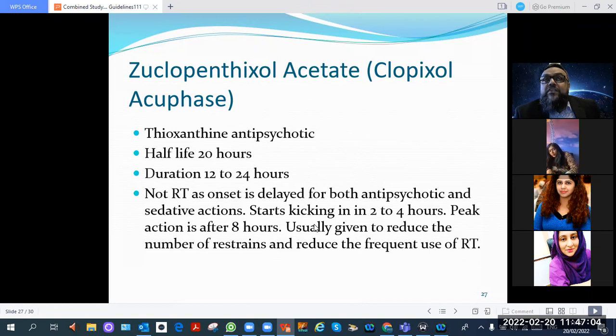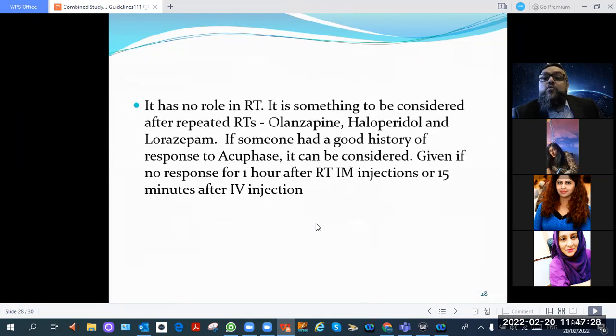So if you are giving it, it will not act straight away like haloperidol or lorazepam or promethazine. It will take some time, and it starts kicking in at 2 to 4 hours. Peak action is after 8 hours, usually given to reduce the number of restraints and reduce the frequent use of rapid tranquilization. So that's what happens.